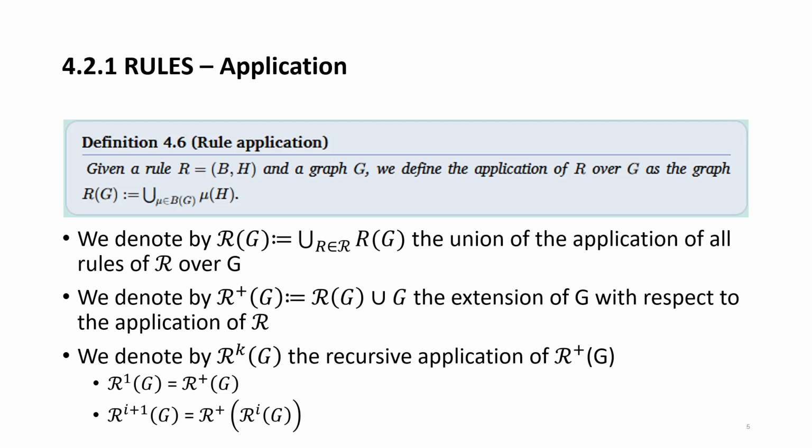Finally, we can denote that Rk, k being a positive integer, over G is the recursive application of R plus over G. That means that R1 over G is the same as R plus over G that I just explained. But Ri plus 1 over G would be equal to R plus over Ri over G. So it's a recursive application you can apply and apply, and so on.